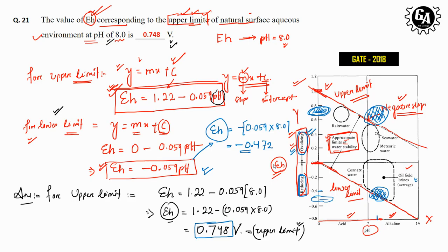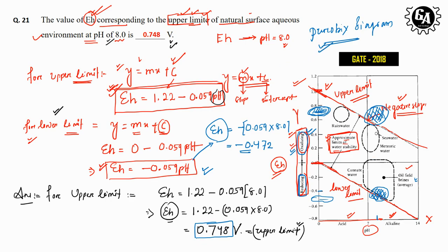These diagrams are called Pourbaix diagrams, and they are very important and simple.